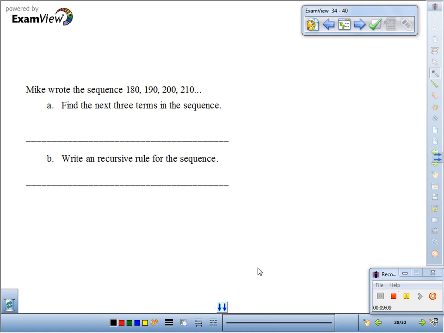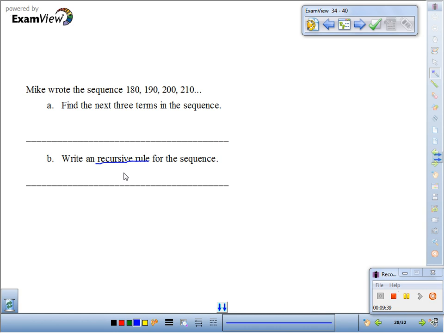Number 34. Mike wrote the sequence 180, 190, 200, 210. And they want us to find the next 3 terms in the sequence. Before we find the terms, let's write our recursive rule. Look up, please. Here we go. Underline where it says recursive, because there's another one that looks very like it that says what?